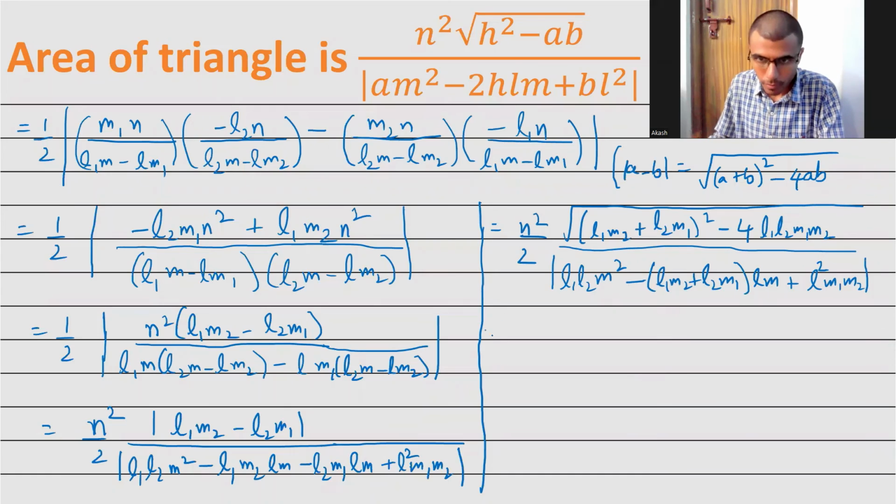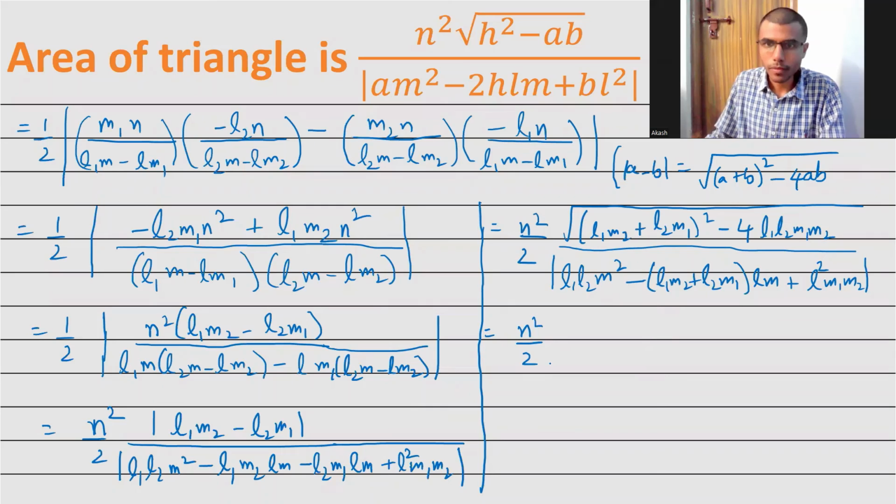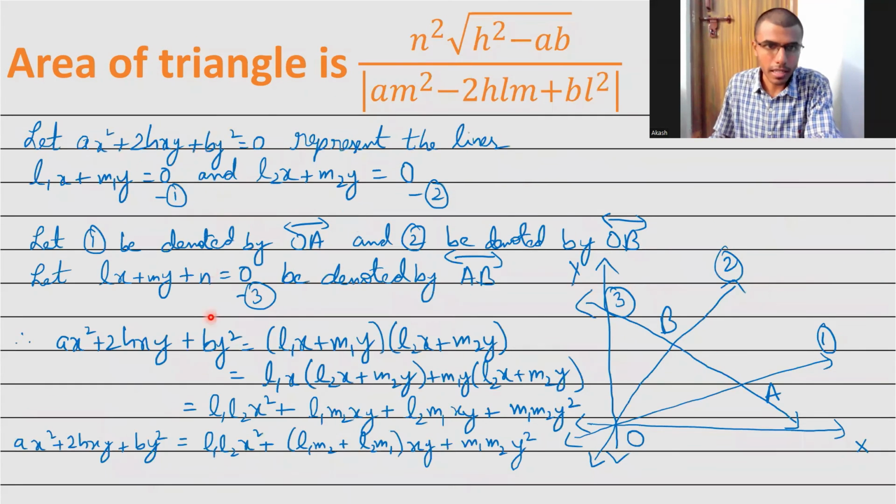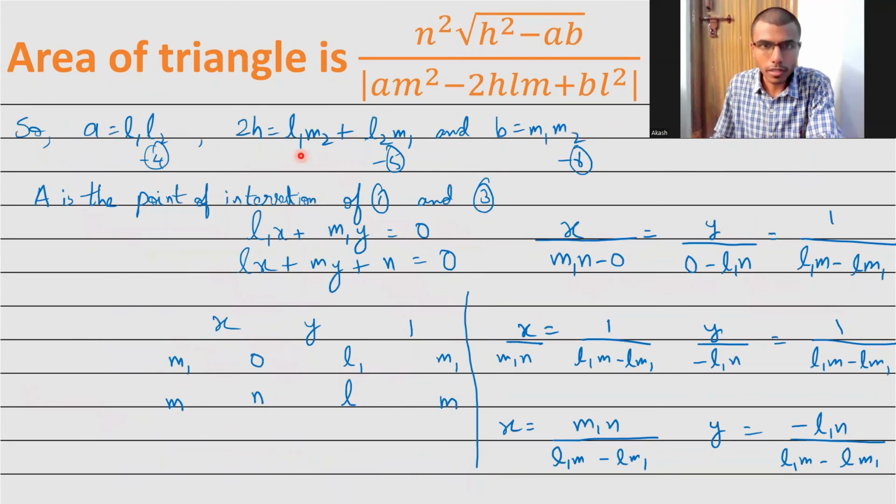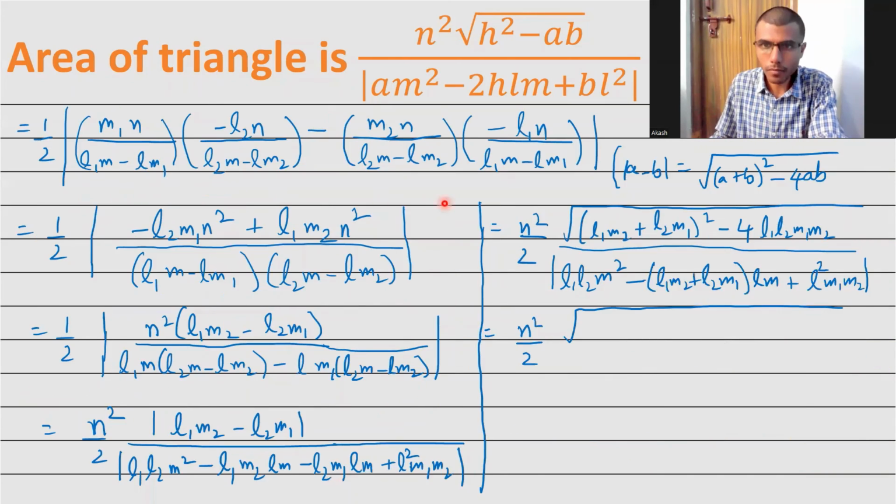Now this is nothing but n square by 2 into under root of what is L1 m2 plus L2 m1. If you remember at the beginning, L1 m2 plus L2 m1 is nothing but 2h, from 5.